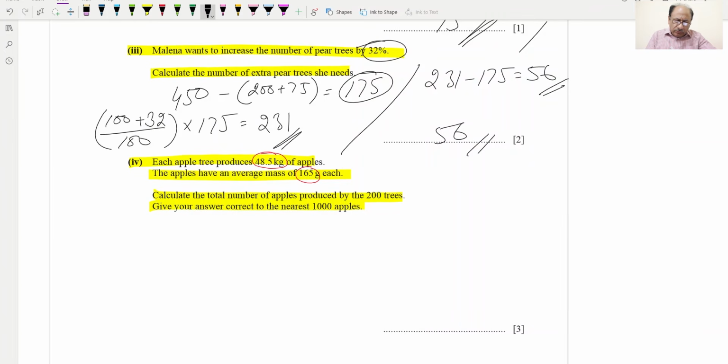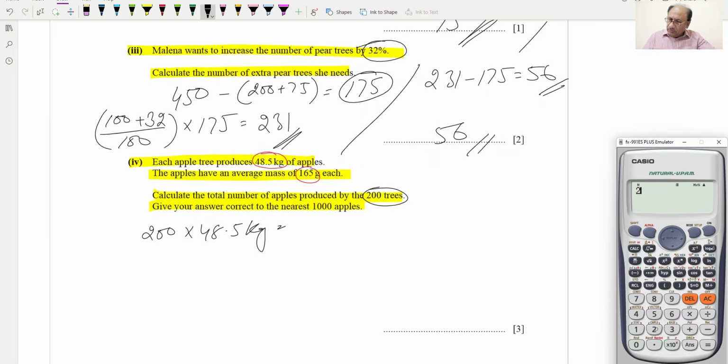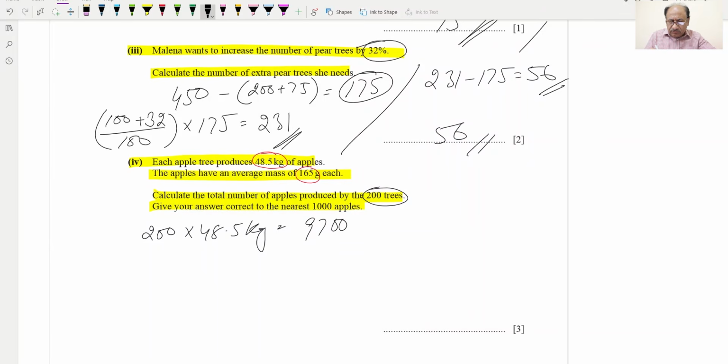So 200 are trees, and each is producing 48.5 kg, so total production will be 200 multiplied by 48.5, and this is 9700 kilograms. We can convert 9700 kilograms into grams.